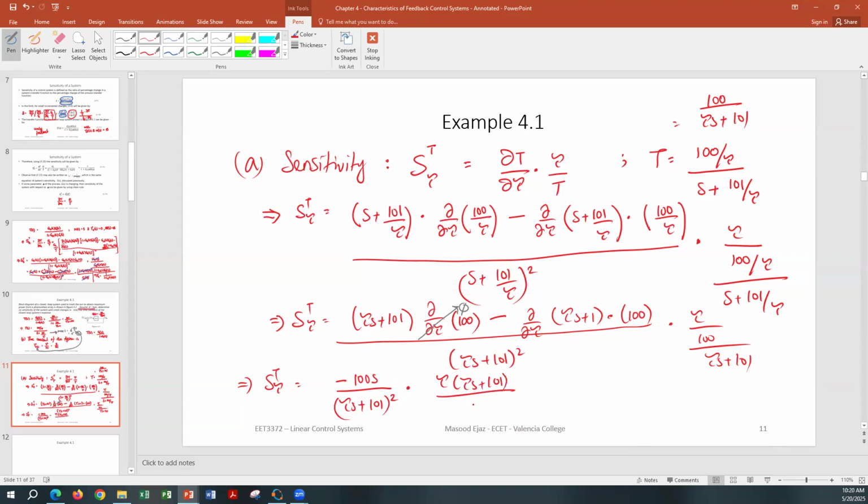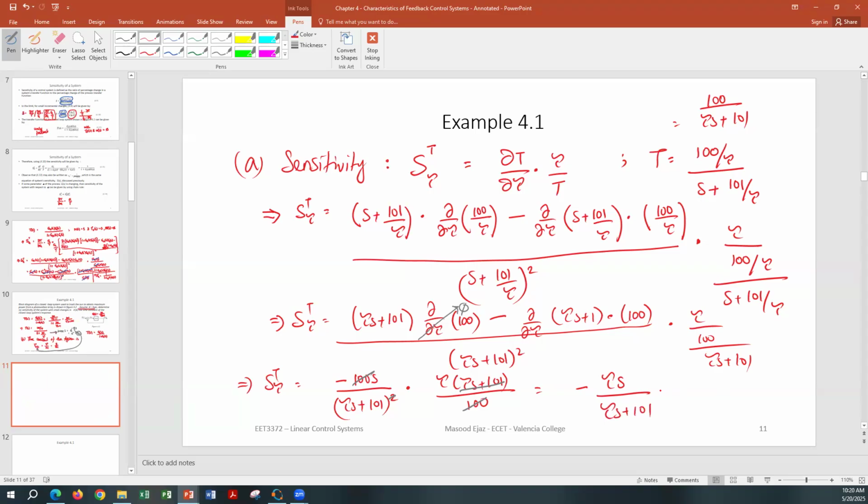With T being 100 over tau s plus 1, we cancel out the 100, and we cancel out the tau s plus 1. So our final result came out to be negative tau s over tau s plus 1.